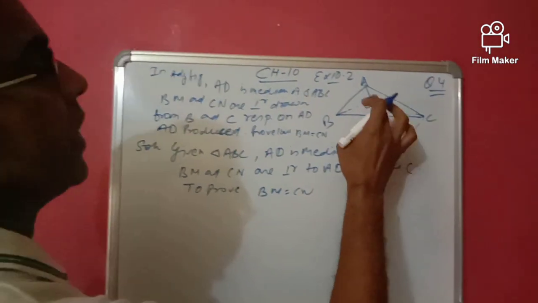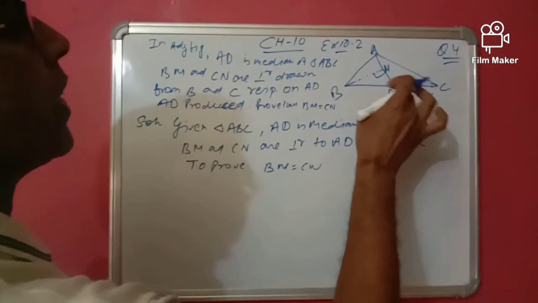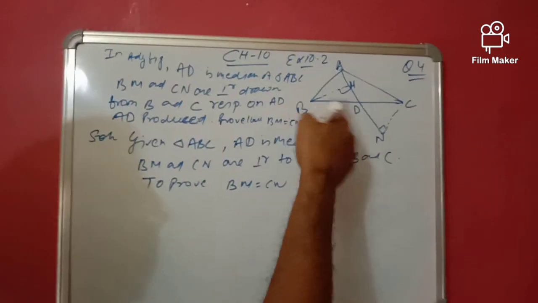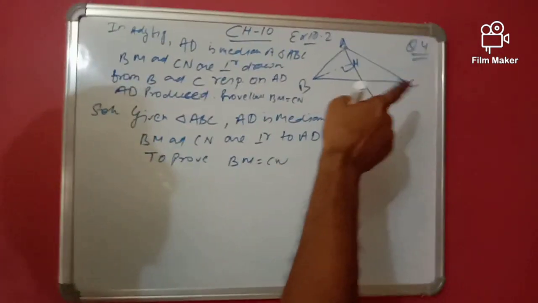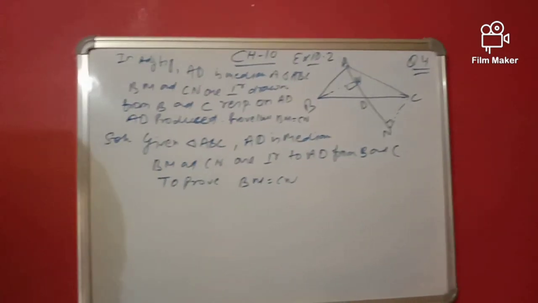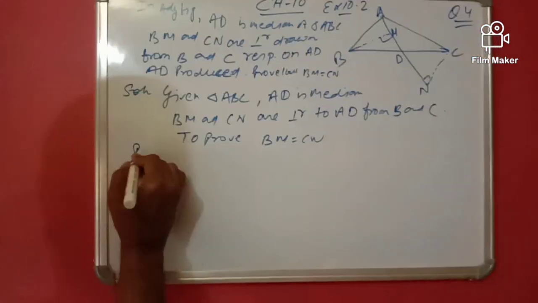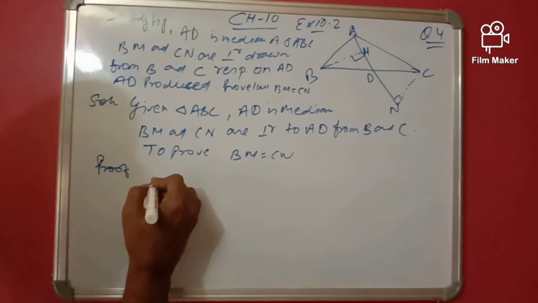So here see the figure, there are two triangles, we can go for the comparison. In triangle BMD and triangle CND, write down the proof.